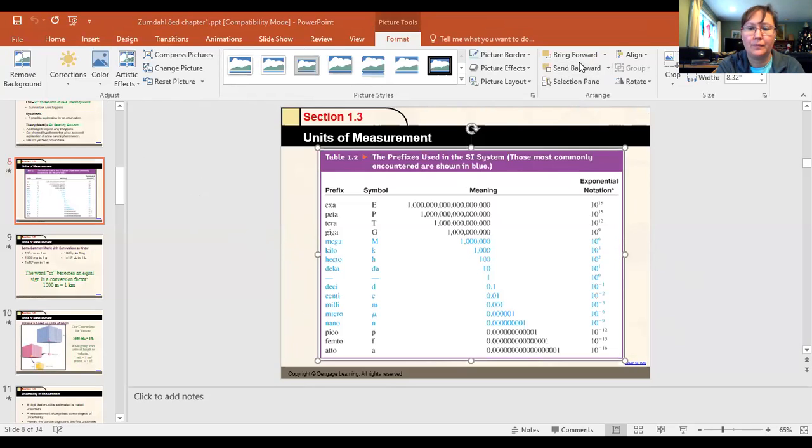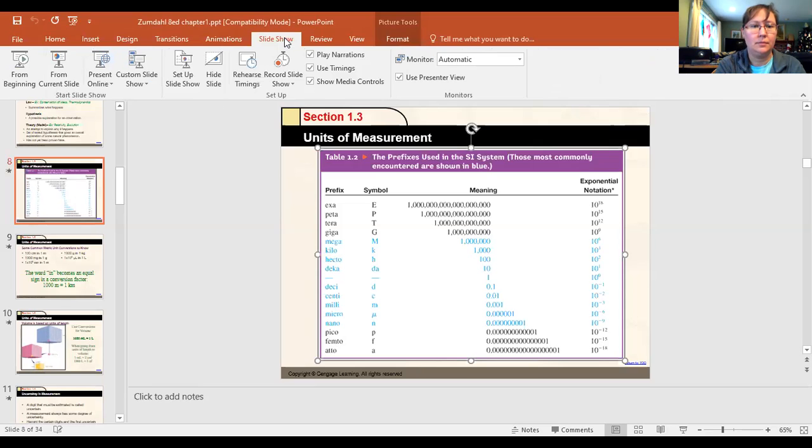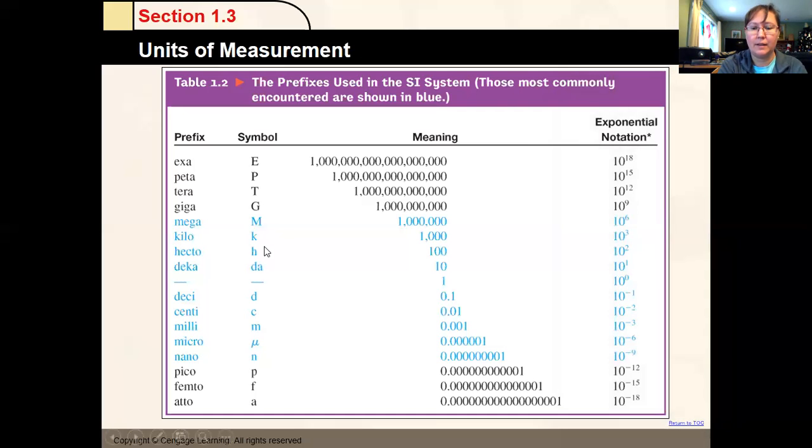There we go. Okay, now you can see this a little bit larger.